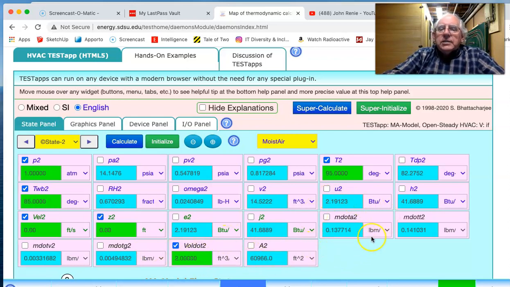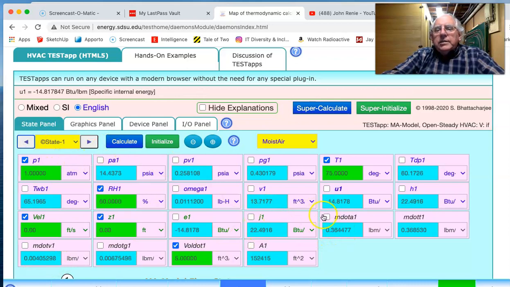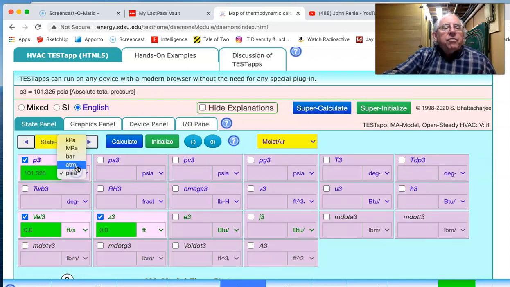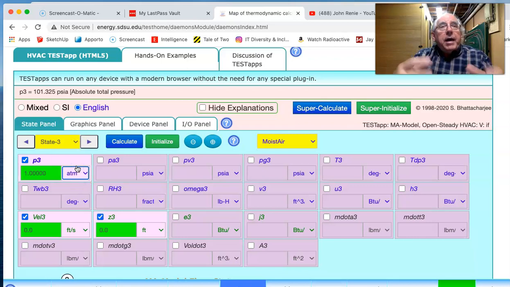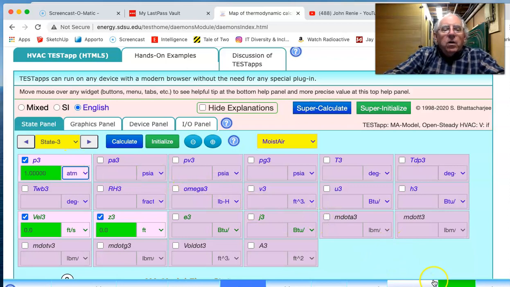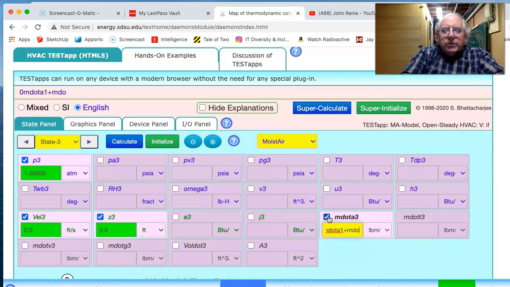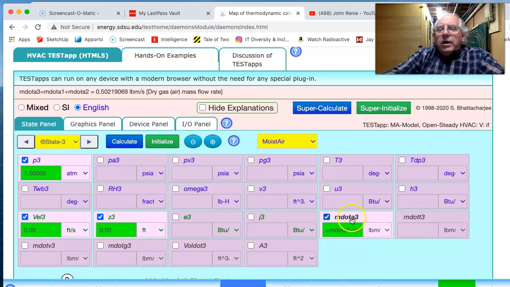So we see this is how much dry air, and this is how much moisture is coming in. We compare that to state 1. State 1, we had this amount of dry air, and we had this amount of moisture. We're now ready for state 3, which is the mix, the adiabatic mixed component. In this particular case, we know that the mass of the dry air of 1 plus the mass of the dry air of 2 is what we have for the dry air component.